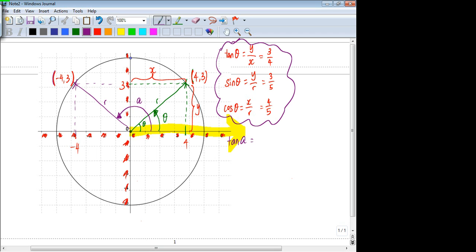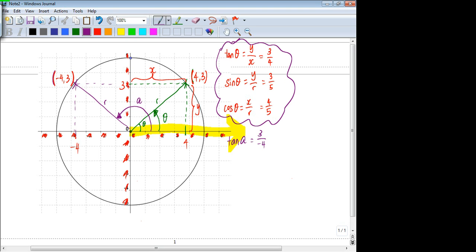So what is the value for y in this region? 3 over 4 or negative 4? Negative 4, because now my x value is negative 4. My y value is 3, x value is negative 4. Do you understand?